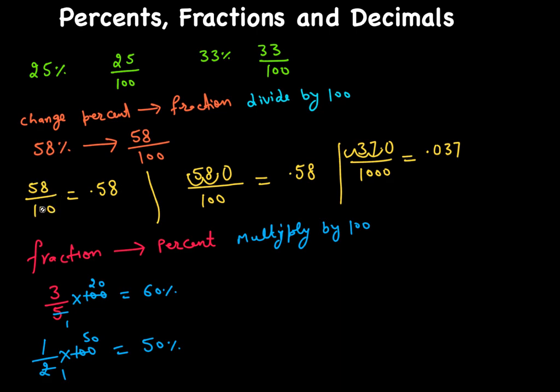If it's 100, you move the decimal over 2 times to the left, which gives you 0.58. By 1000, you move it 3 times. If we have to do the opposite, we do the opposite of division, which is multiplication, so we multiply by 100.